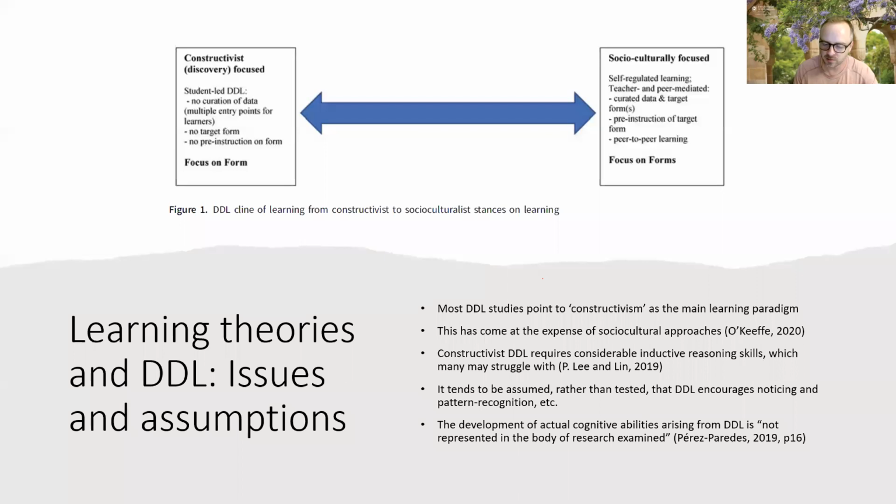However, the development of actual cognitive abilities arising from DDL is not represented in the body of research examined, according to Pascual Perez-Paredes' recent survey. And Anne O'Keefe's second-order analysis in 2020 states that while DDL is likely to lead to improvements in a range of cognitive processes, the link has seldom been tested empirically.